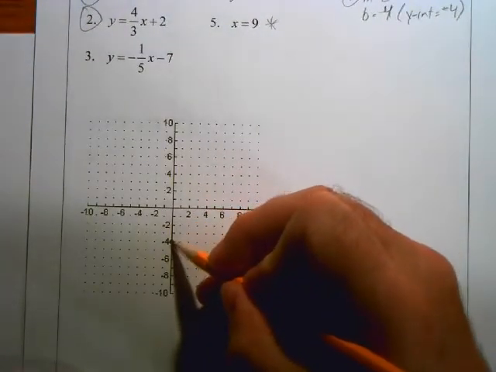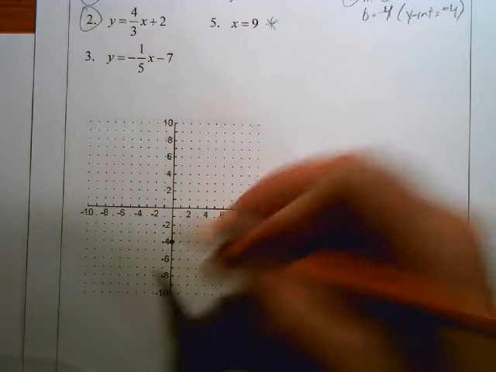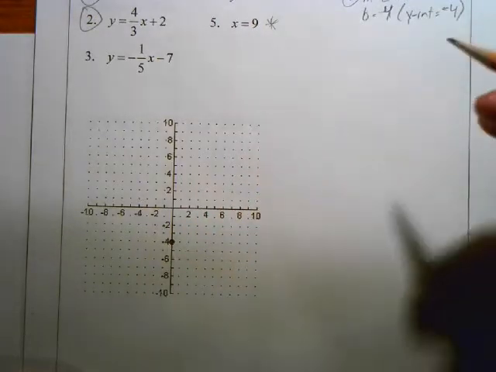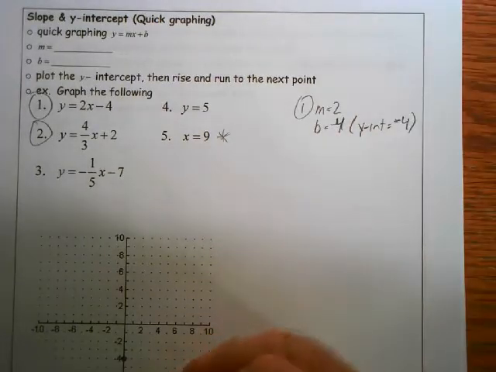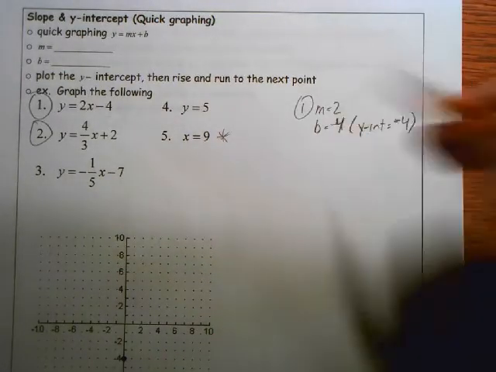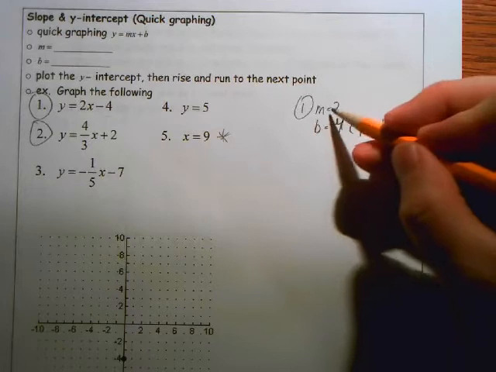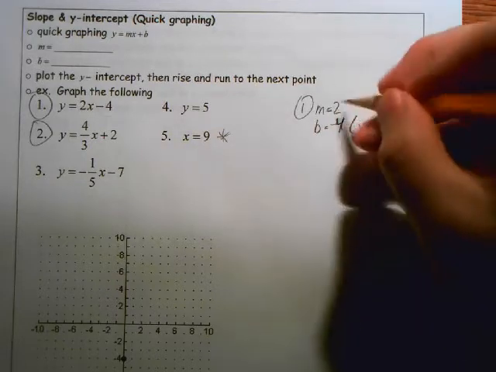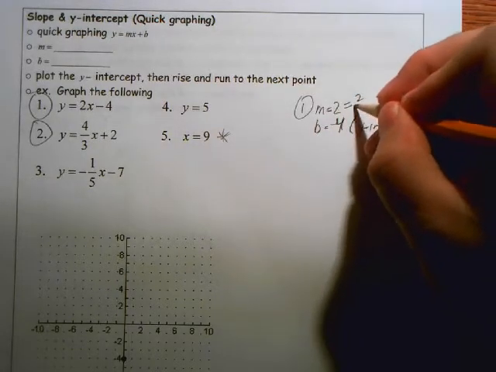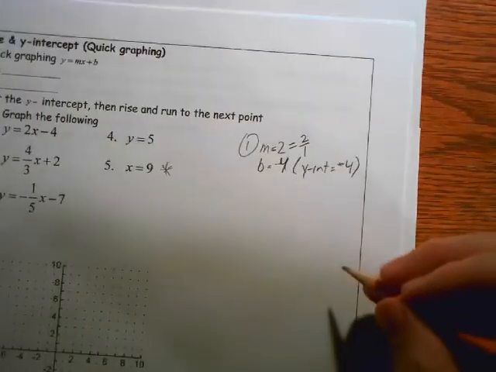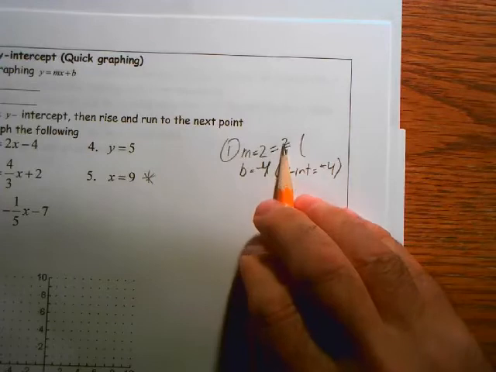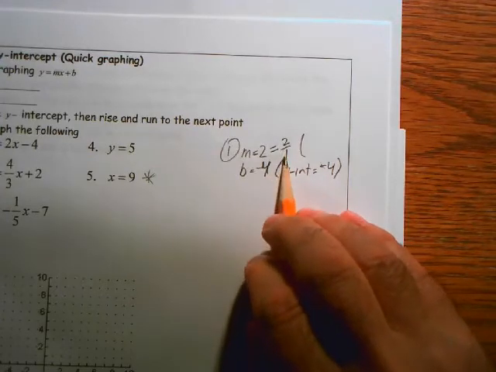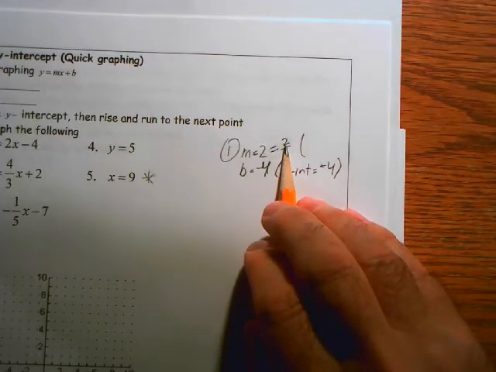So I've already got a point, and now I'm going to use that as my anchor point or reference point, and start making points from that point. The slope is positive 2, and I'm going to write that as a fraction, 2 over 1. Remember, the top of the slope is rise over run, so it has a rise of 2.